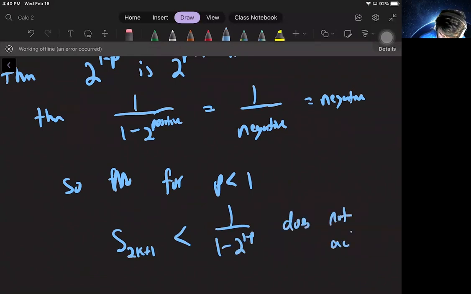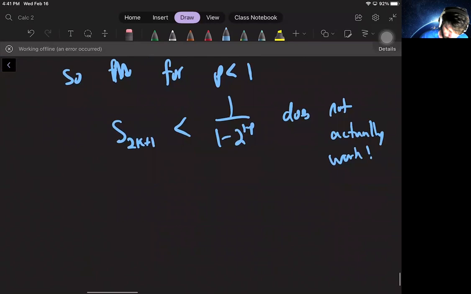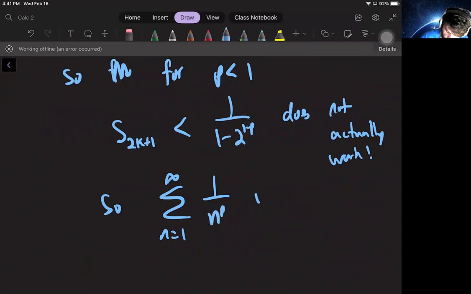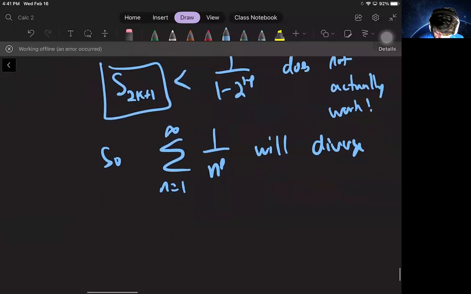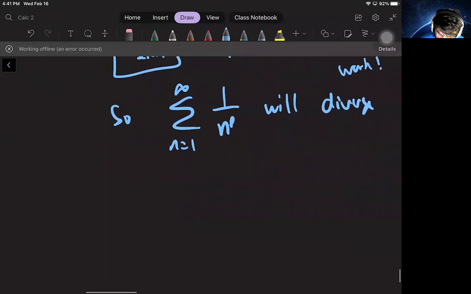Does not actually work. And so what will happen is that this thing will diverge because these guys are not bounded anymore. So their limit will go to infinity.